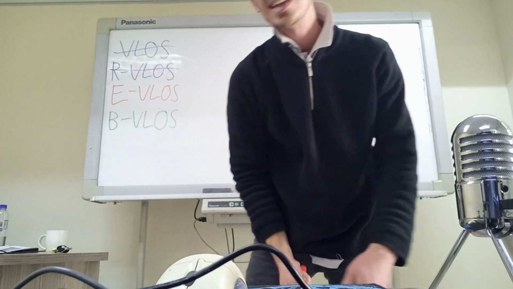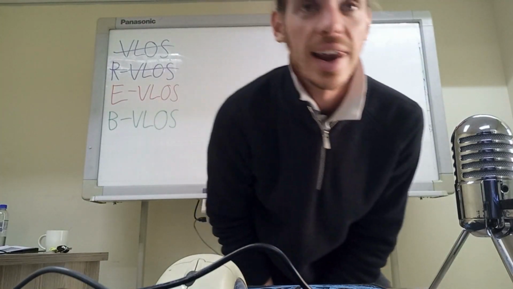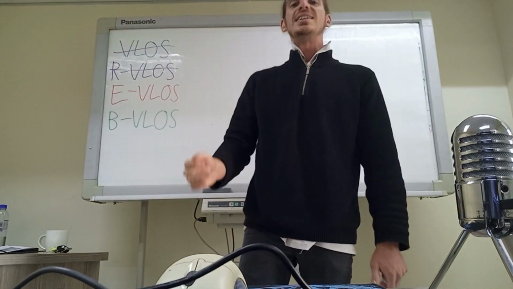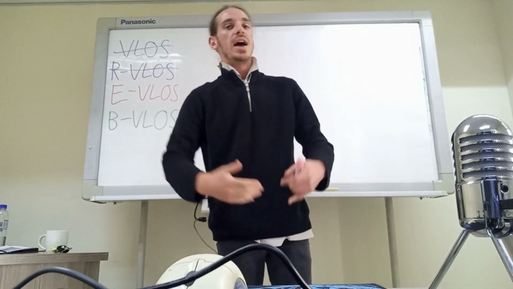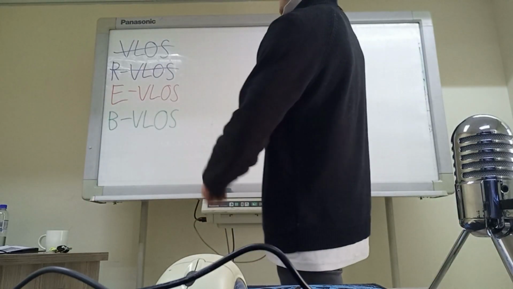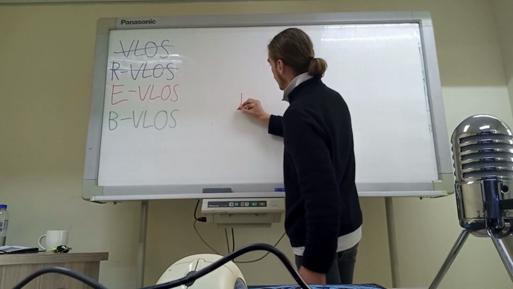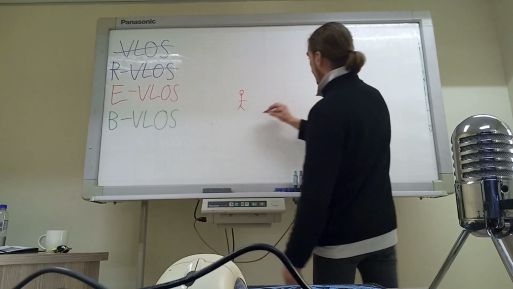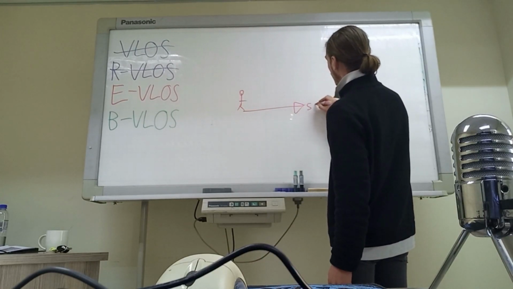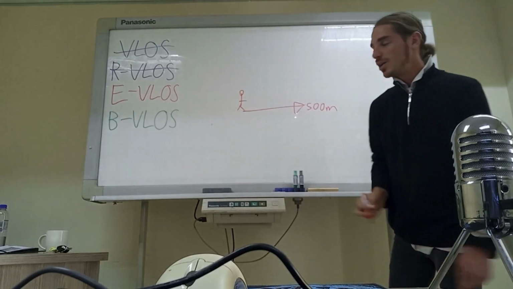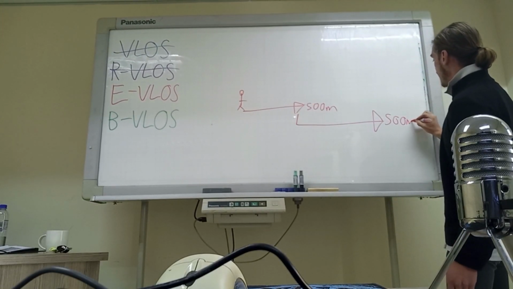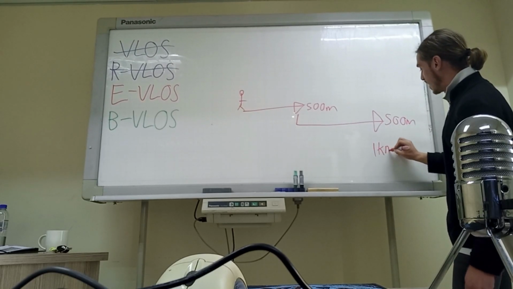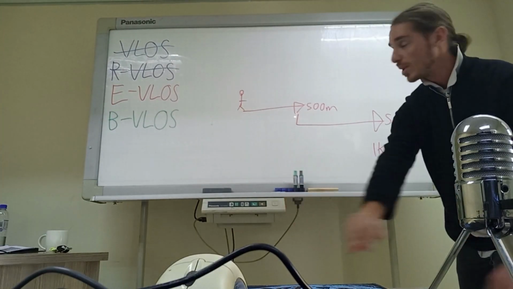Okay, EVLOS stands for Extended Visual Line of Sight. That's right, it is line of sight, the same as VLOS, except it is extended. How do you extend it, you might ask? Easy peasy. If I'm over here and this is my 500 meter mark and I want to then go another 500 meters, making it 1 kilometer away from me, what am I going to do?